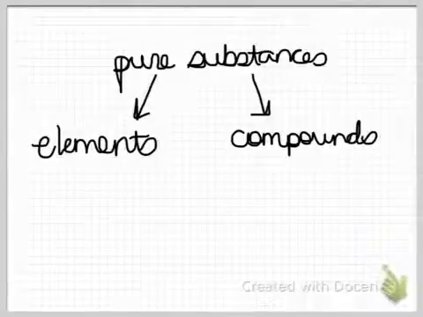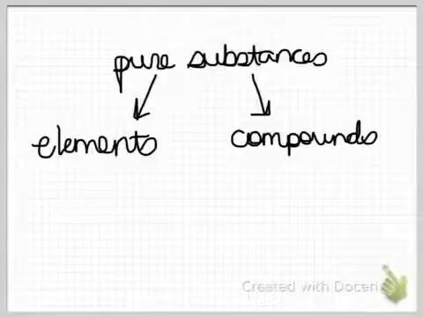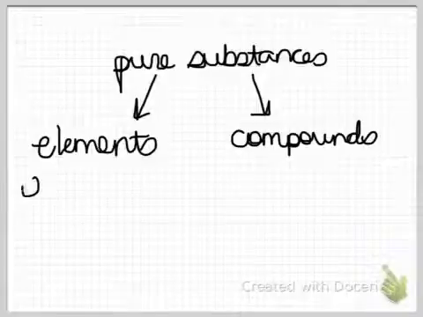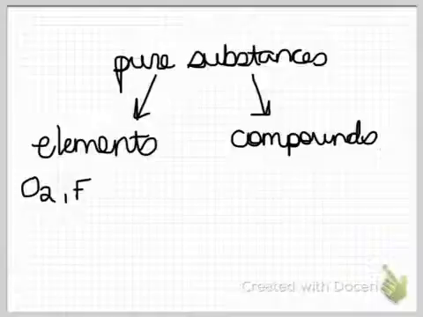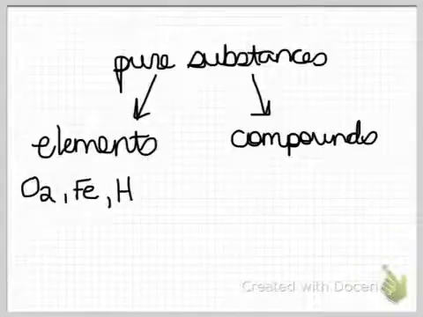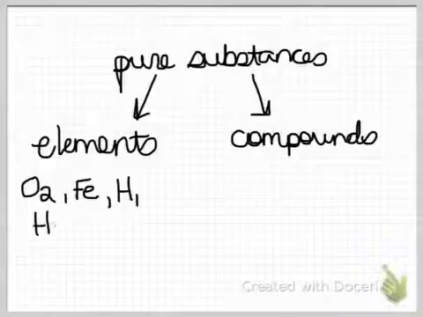Elements are pure substances that are made up of one type of atom. Those are things like oxygen, iron, hydrogen, helium. All of those are found on the periodic table of elements.